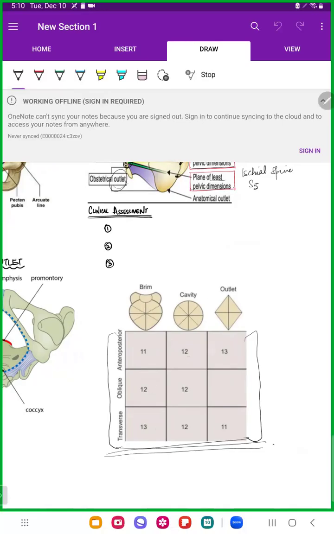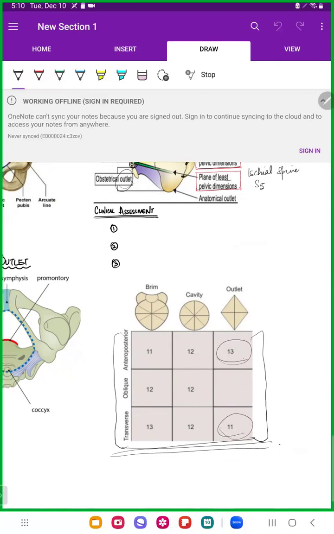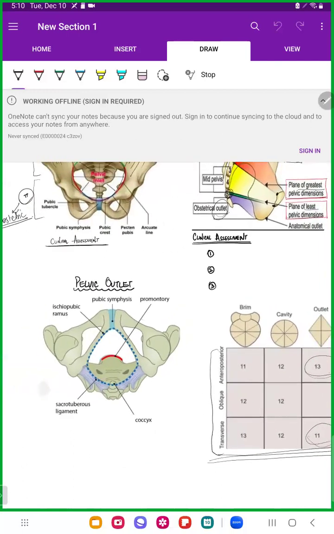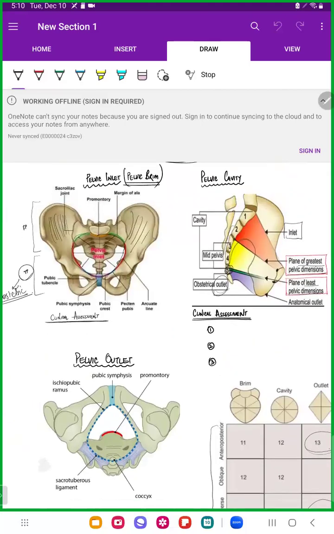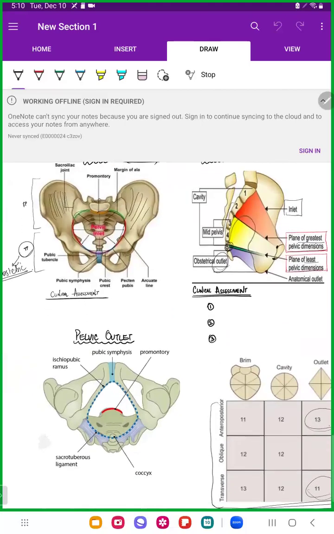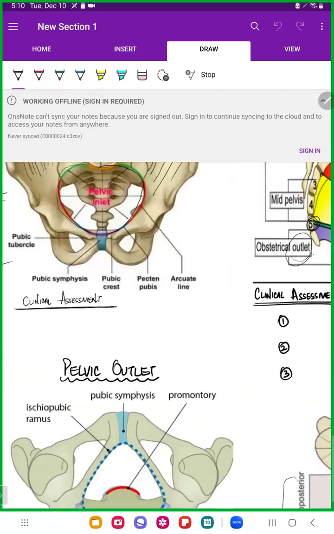For cavity, the normal diameters are 12 in all the dimensions. For outlet, AP diameter is 13 and transverse diameter is 11. This in itself is a separate class, so we'll not discuss in detail about this. We'll just see how we have to clinically assess whether the pelvis is adequate or not.